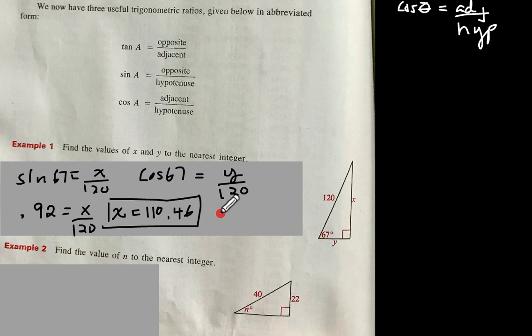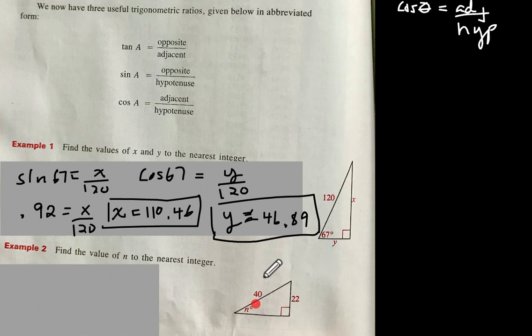I'm just out of room. So we get y equals approximately 46.89. So you can see that's a smaller side. Make sure that your answers make sense. And that is how you use sine and cosine to find missing sides.